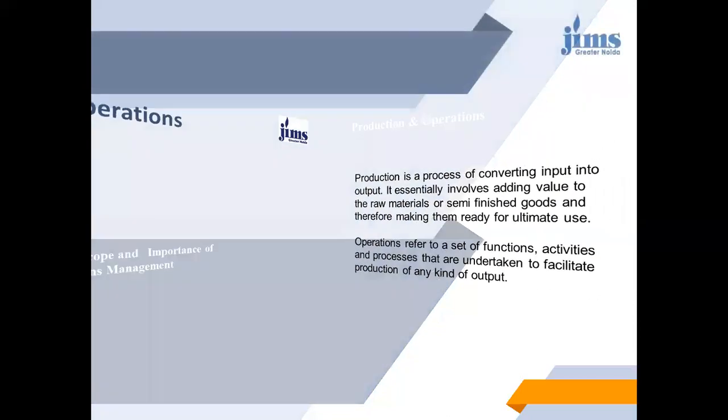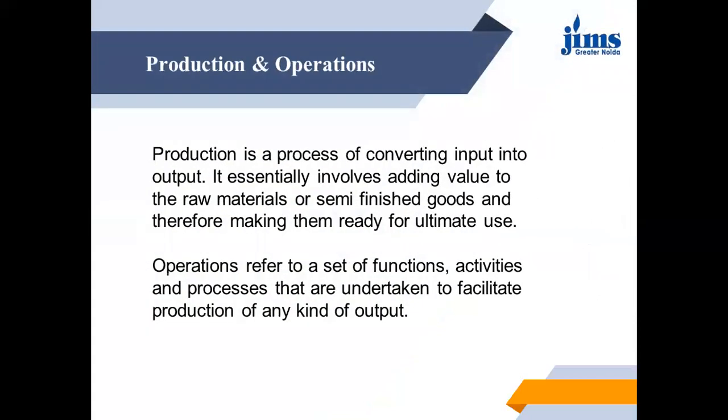Moving on to the meaning of production and operations first. Everybody knows production is creating something. It's a process of converting input into output. As I gave examples in the beginning, input usually is in the form of raw materials and semi-finished goods, which are unfit for direct consumption of any human being.